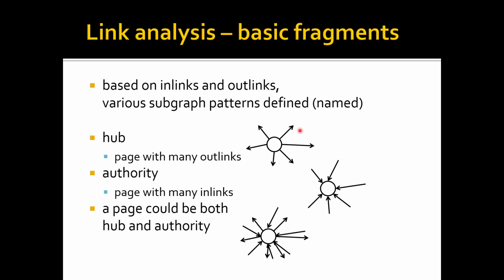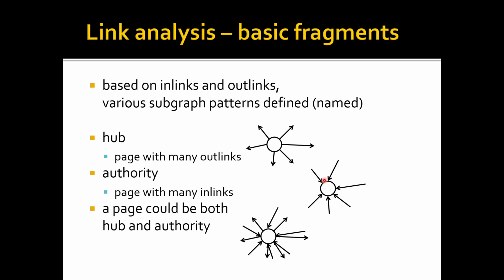A hub is a node or a web page that has many outlinks. So that's the name. A hub basically means this is some resource that probably contains some condensed information on many topics and provides links to other pages that maybe detail these topics. So that's why hub. Authority is a different concept.